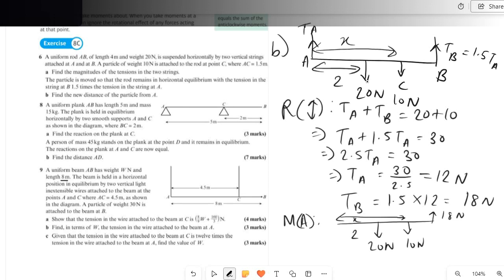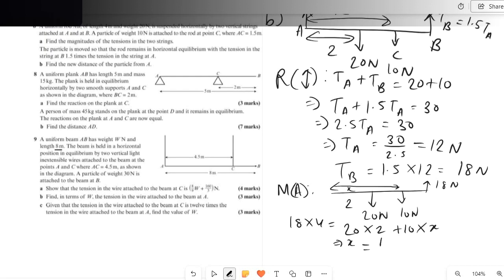So therefore, the total anti-clockwise moment will be equal to the total clockwise moment, so 18 into 4 is going to be equal to 20 into 2 plus 10 into x. So solving for x, we have 18 into 4 minus 20 into 2 all divided by 10 to get 3.2 meters. And this is the new distance from A.